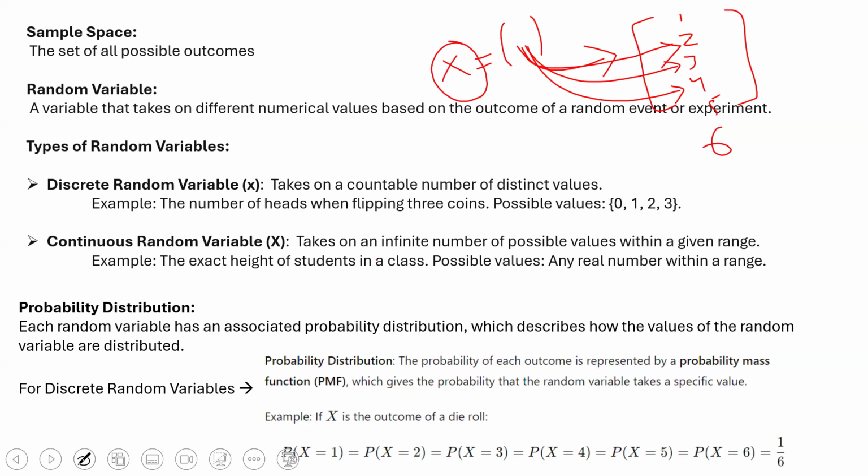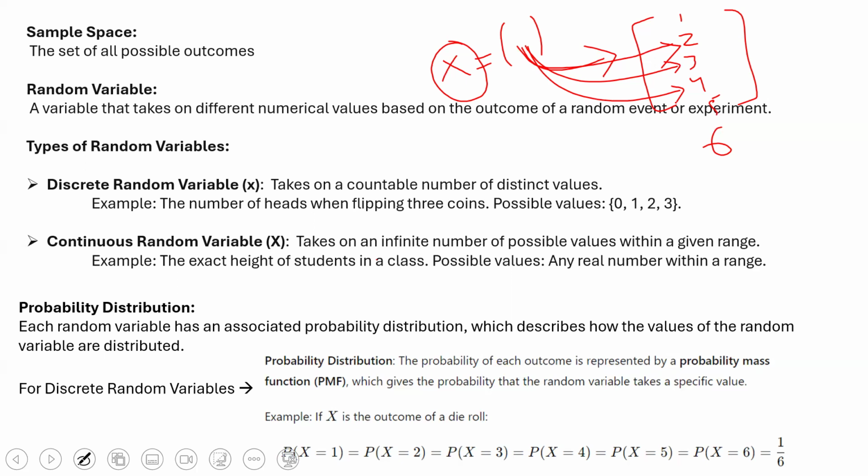When you roll a dice, it can be just from 1 to 6. It cannot take 7 or 8 because they are not possible with that dice. When the random variable takes such defined outcomes, it is called a discrete random variable. When you talk about continuous random variables, a continuous random variable can take an infinite number of possible outcomes.